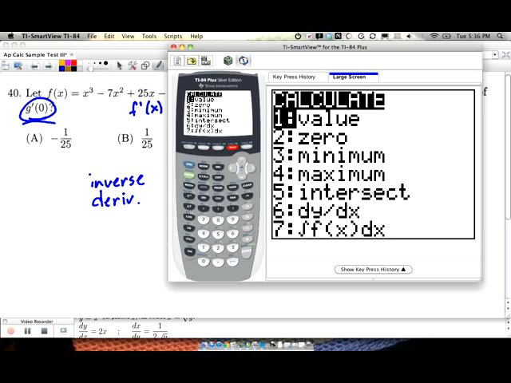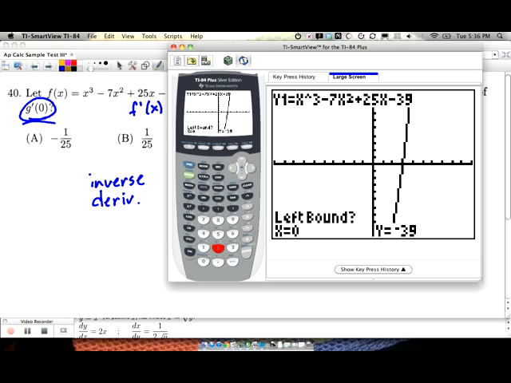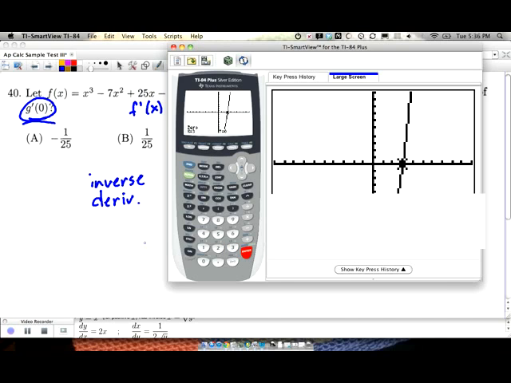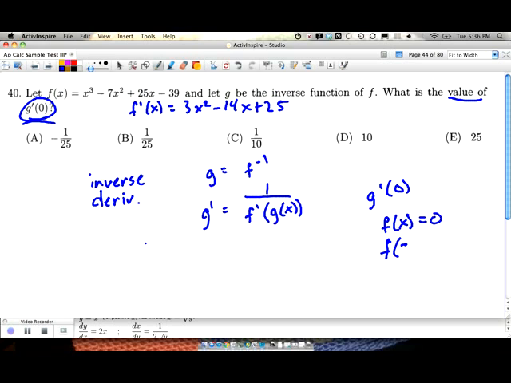If I do second calculate, and I'm going to calculate the 0. Left bound, let's say from 2. And right bound, we're going to say 4. Because we know it's somewhere in between there. And I'm going to guess that it's about 3. Hey, it is 3, because when x equals 3, y equals 0. So f of 3 equals 0.